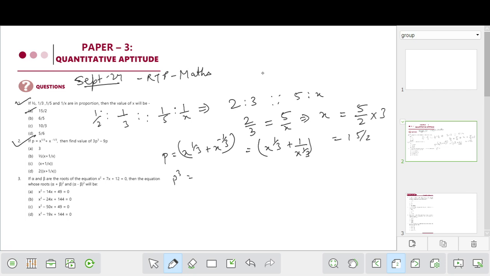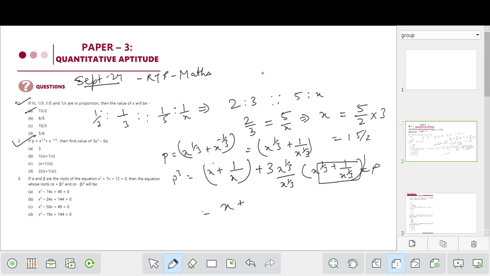So, p cube is equal to x plus 1 by x plus x raised to 1 by 3 का cube is x plus 3ab into a plus b. So that is x raised to 1 by 3 plus 1 by x raised to 1 by 3. So ये जो बाद वाला term है, this is as good as p. So we'll get x plus 1 by x plus 3p.